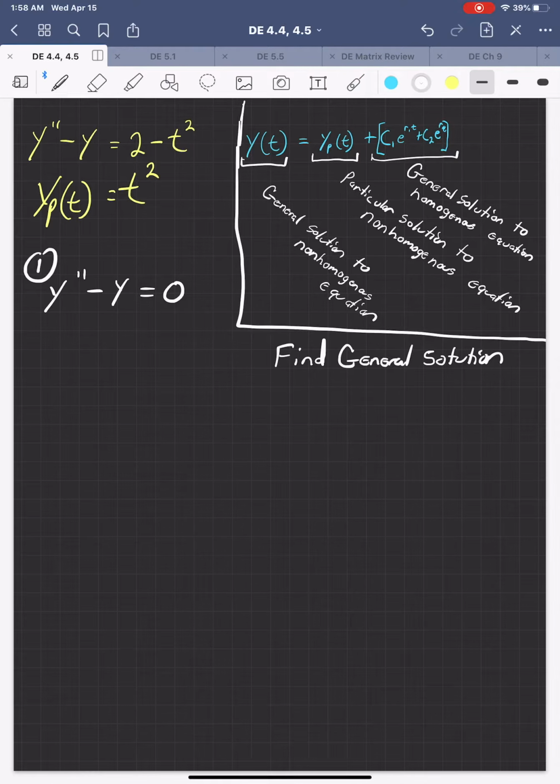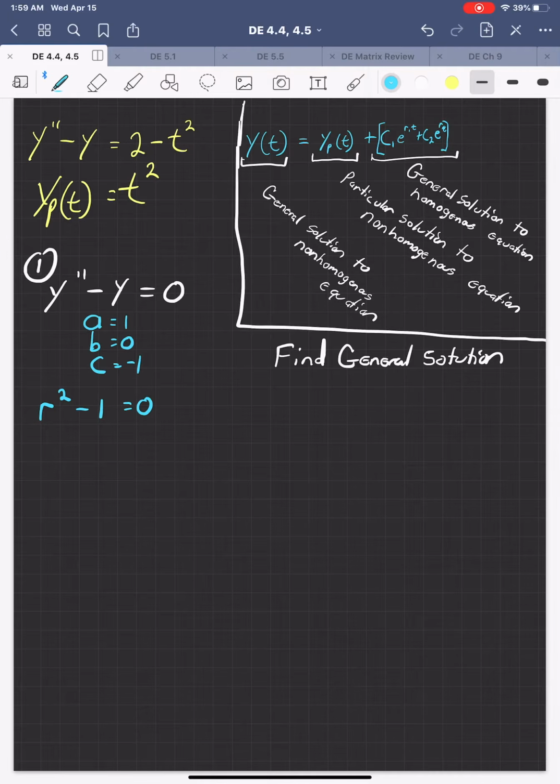And I'm going to go ahead right now and get from here to the auxiliary form. Are you with me that A is equal to 1, B is equal to 0, and C is equal to negative 1? So let's get to the auxiliary form. This would be 1r squared, the BR would zero out, and this would just be minus 1 equals 0.